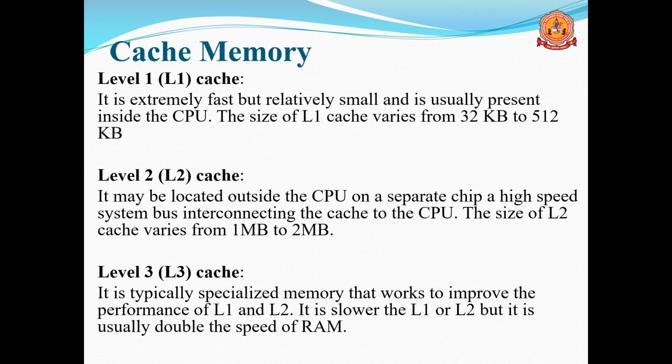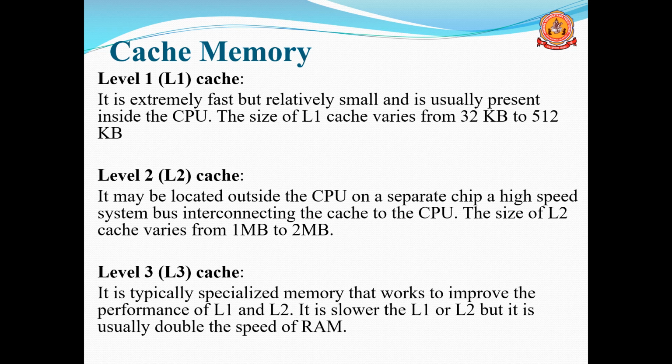Level 2 and level 3 are both known as external cache memory. Remember, cache memory is mainly of 2 types, internal and external. Level 1 is internal. Level 2 and level 3 are outside the CPU, so they are external cache memories.